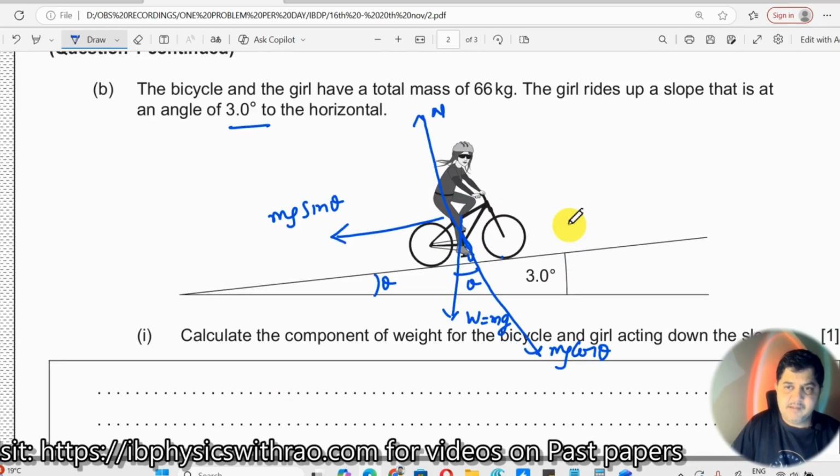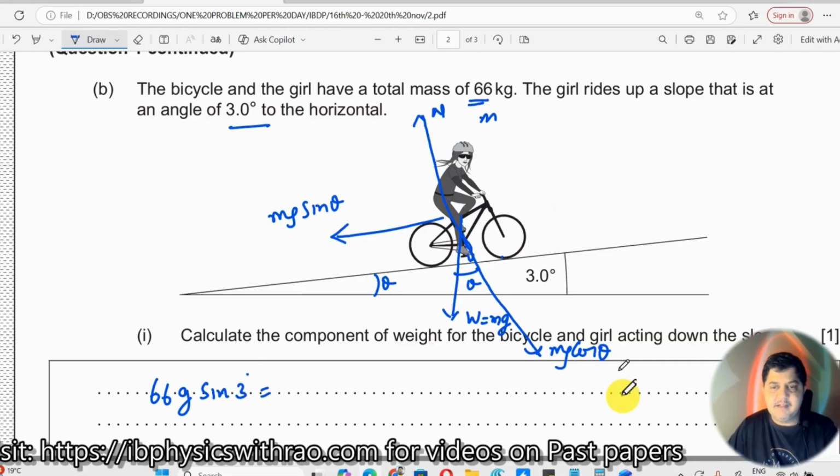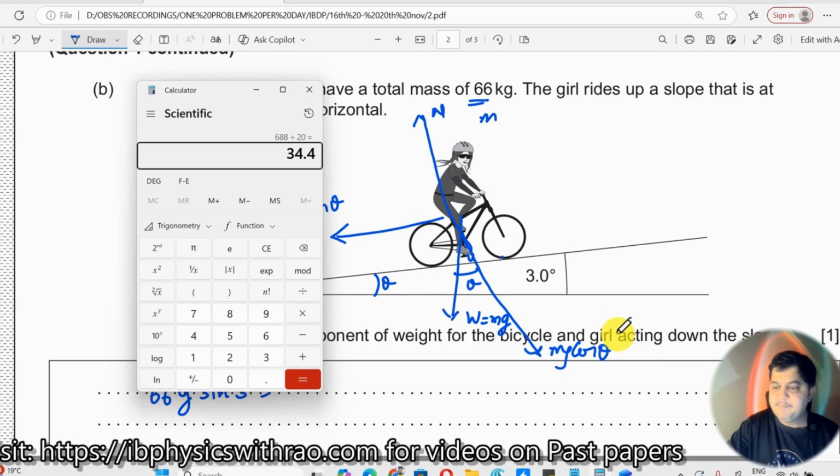So what's the value of mg? Here m is 66, so this should be 66 times g times sine 3 degrees. Let us calculate this value. 66 multiplied by 9.8 multiplied by sine of 3 degrees.